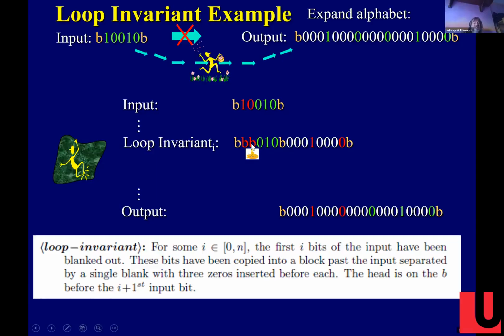The head is going to be sitting on that first blank right up there, which is kind of nice. Let me just say one more thing. It's kind of nice because if I happen to equal 0, then my head would be right at the beginning where it's supposed to be, and we can flow right from there.